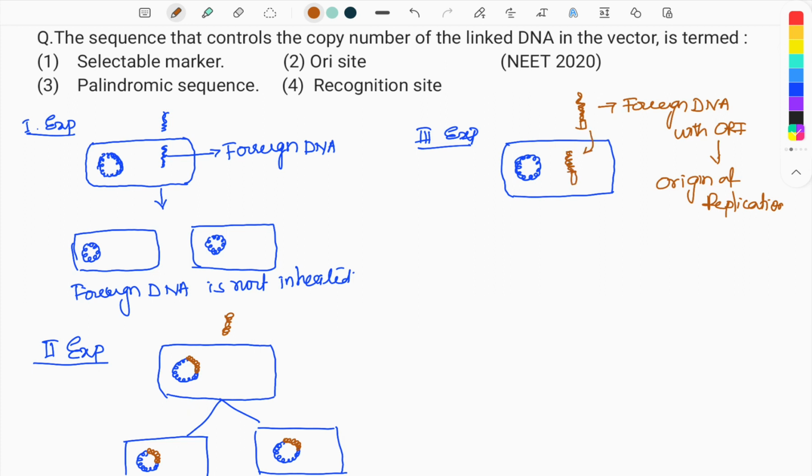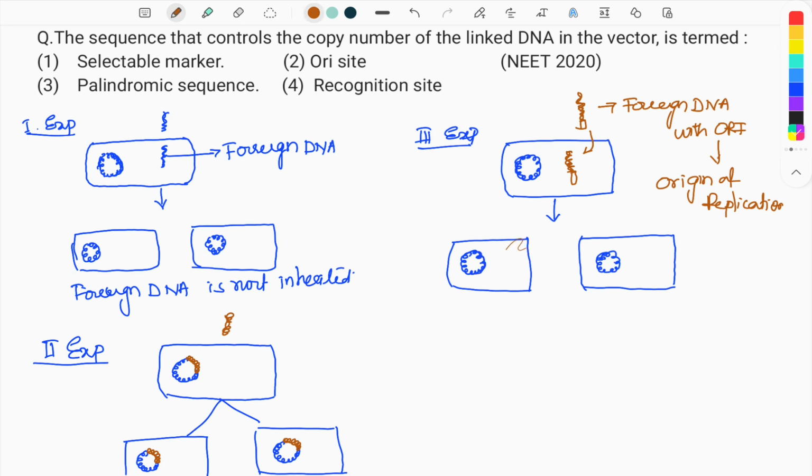Okay. Now we allow the bacteria to undergo binary fission to form two daughter bacteria. And in the two daughter bacteria, we check whether this foreign DNA along with ORI is inherited or not.